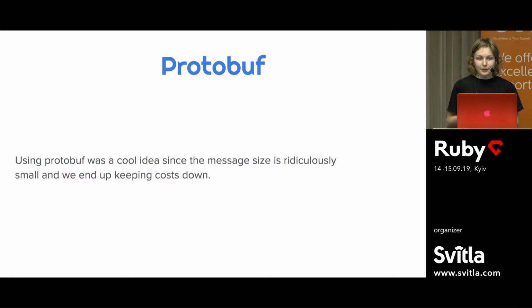And the main profit which we received from it is that the message size is now really small, and we ended up keeping our costs down because the traffic lowered.